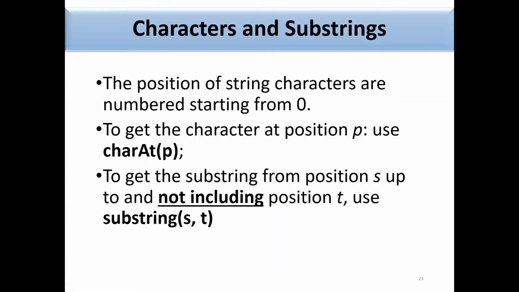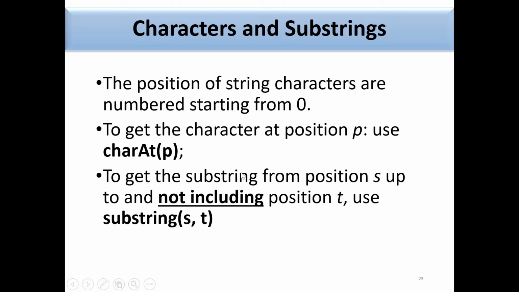Characters and substrings. The positions of string characters are numbered starting from 0. So to get the character at position P, use charAt. That's when you get the position of a character. What's the index of the character? That's the use of charAt.